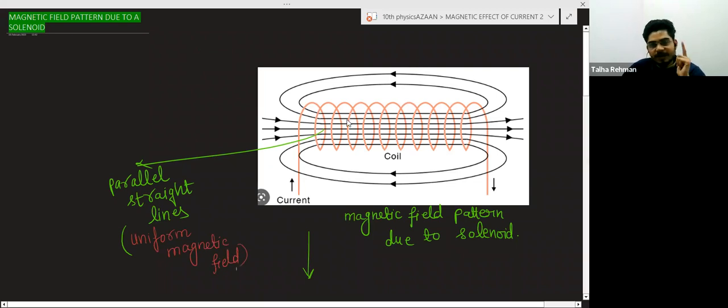Uniform magnetic field here, here, here, here, here. Everywhere the magnetic field is the same. That is the meaning of uniform. Uniform means the same everywhere.